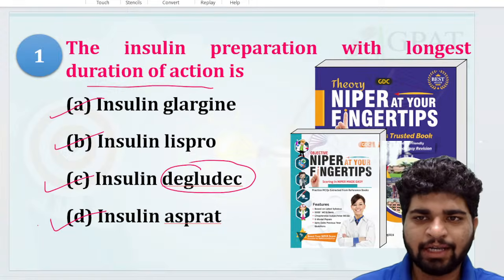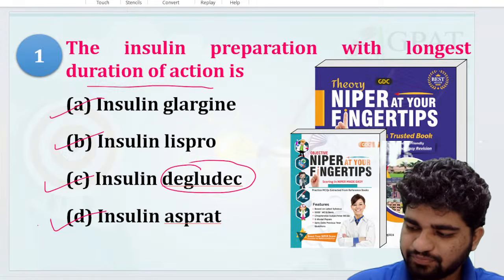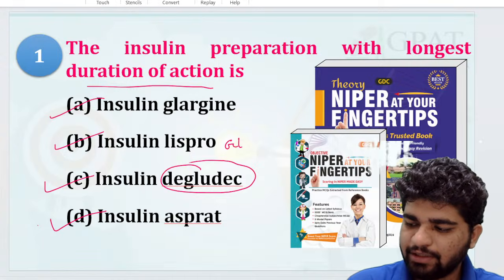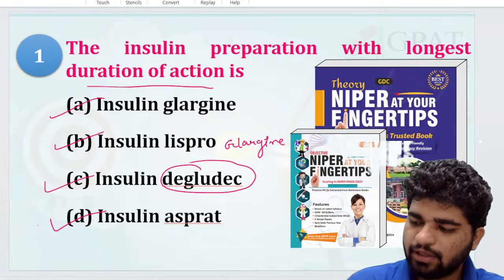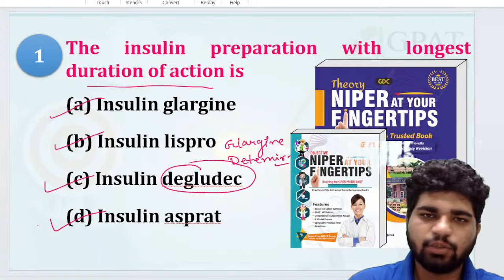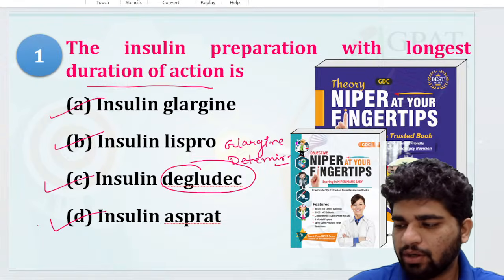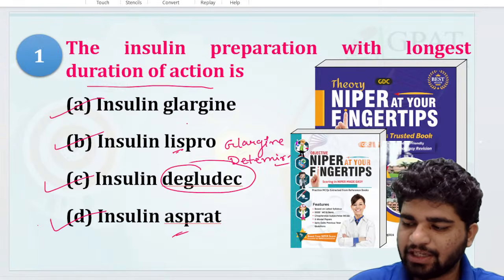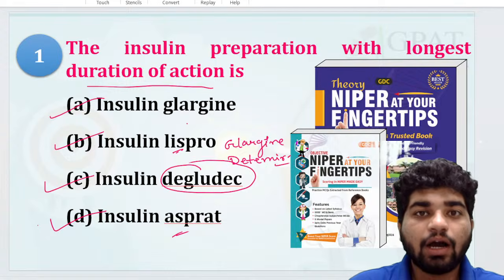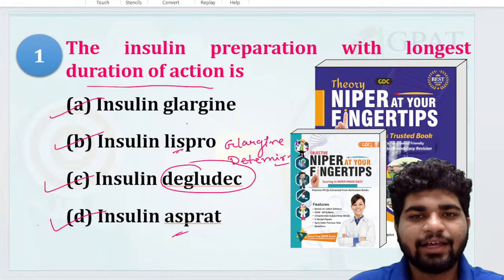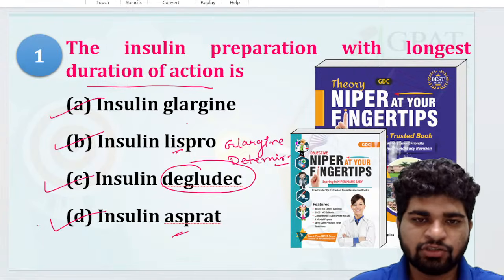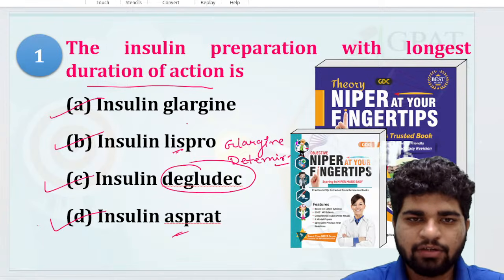Along with insulin degludec, we do have insulin glargine and insulin detemir. These are the ones with the longest duration of action, whereas when I talk about lispro as well as aspart, these are your ultra short acting, rapidly acting insulins.